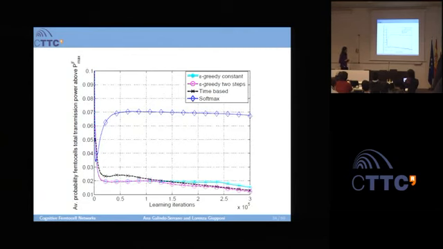Okay, so here we have 3 e-greedy algorithms and 1 softmax algorithm. This one is based on Boltzmann equation. And okay, so the first one and the most common one is the constant greedy.